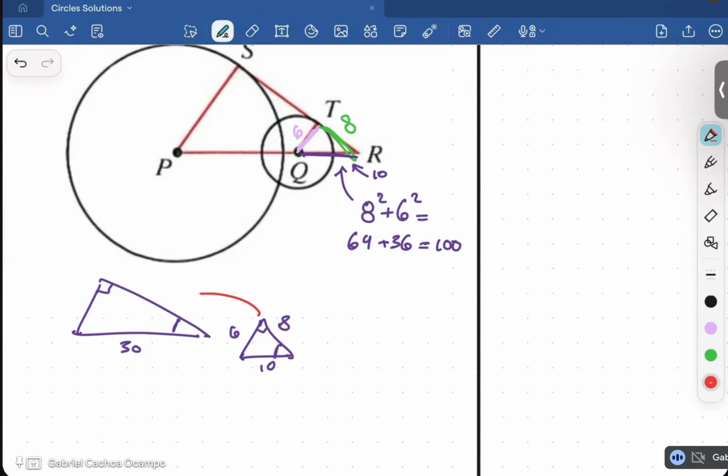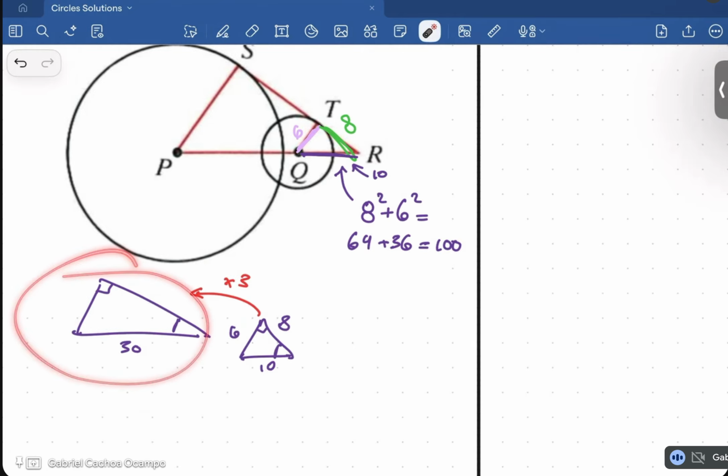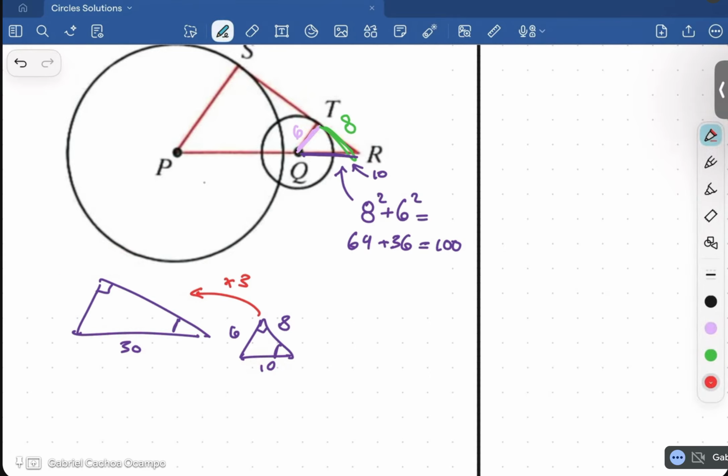I am multiplying by 3 to get this big triangle, no? Because 10 times 3 is 30. That means that this side is going to measure 8 times 3, 24. And this side is going to measure 6 times 3, 18. It is very clear that this one is going to measure 18.